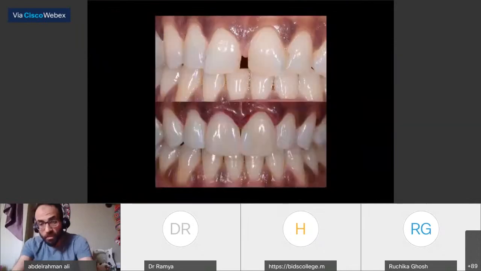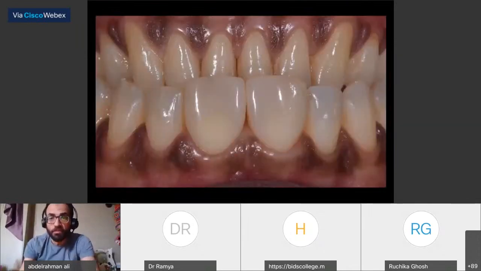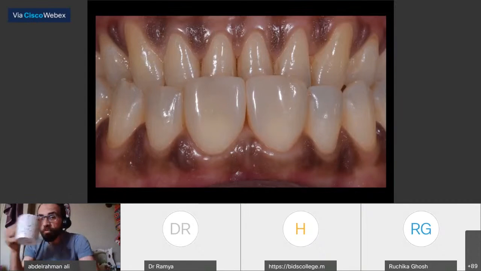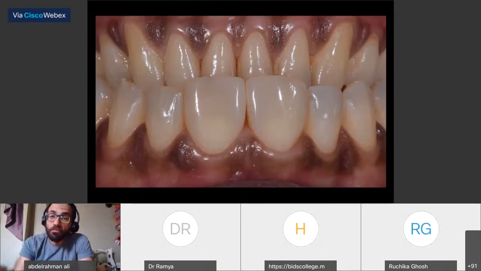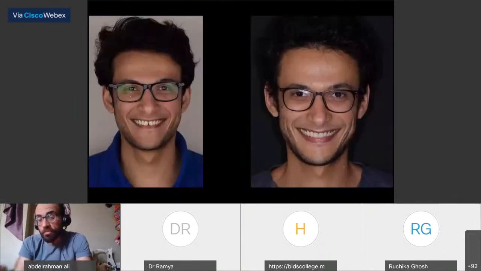This here was just post-operative, and this was the 2-year follow-up. So sometimes you should see what the concept is capable of, so you can be convinced that it is a very good concept that you have to learn how to use, because sometimes this is the only solution.